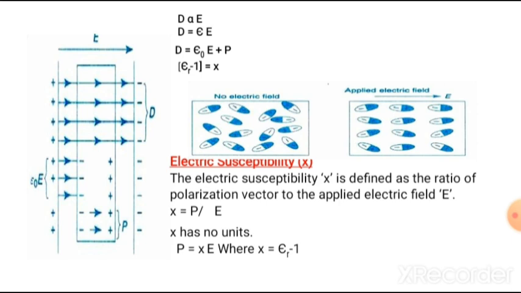According to the diagram, D is proportional to E. The density of charge is directly proportional to the electric field. D is equal to epsilon into E, where epsilon is the proportionality constant and permittivity of the medium. D is equal to epsilon E plus P, where Xi is equal to epsilon r minus 1.